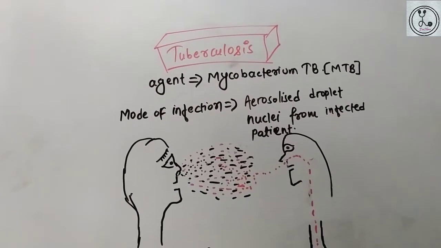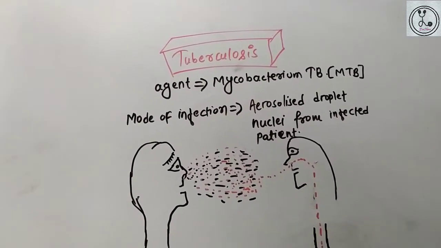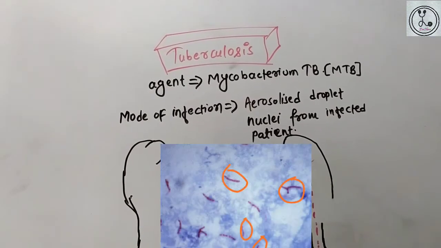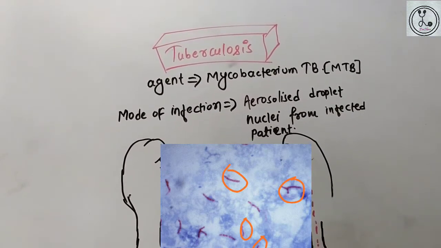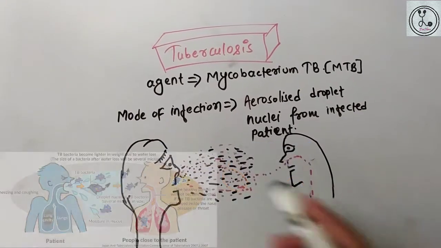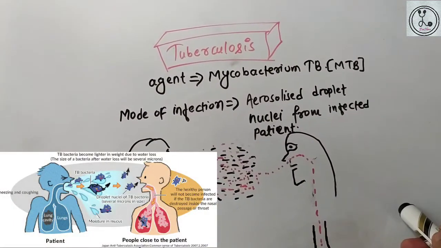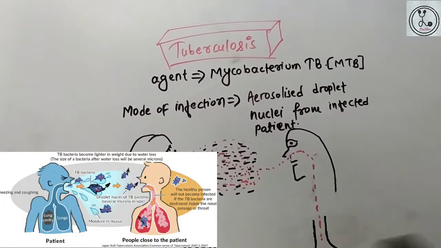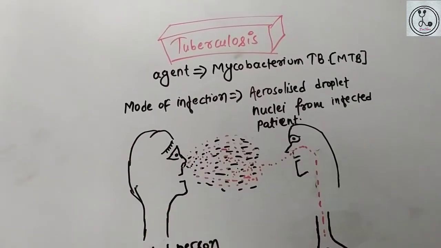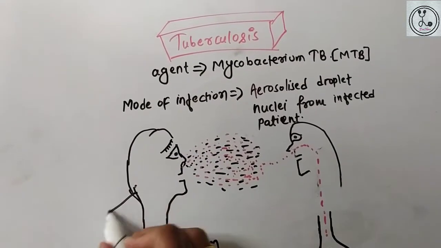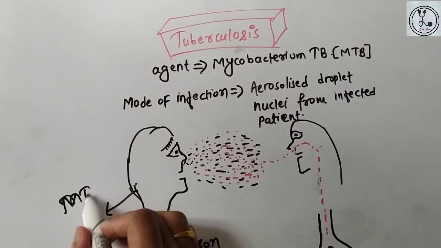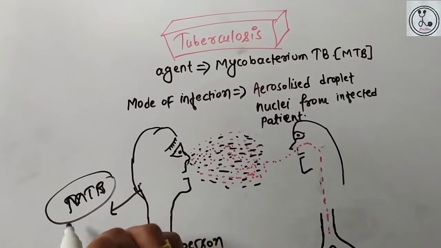So the first question is that the main causative agent for tuberculosis is Mycobacterium tuberculosis. Everyone knows that. And the mode of infection is basically aerosolized droplet nuclei from the infected patient. Let us suppose this is an infected patient who already has Mycobacterium tuberculosis.